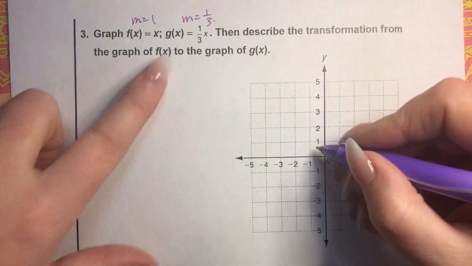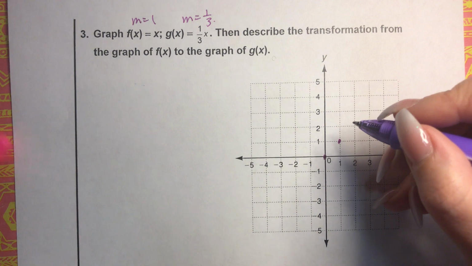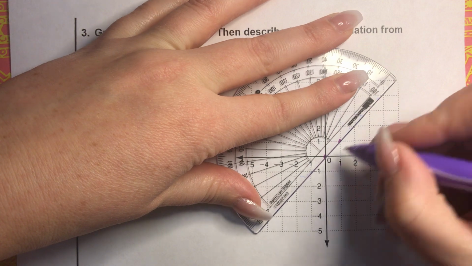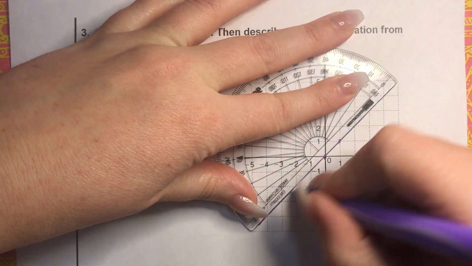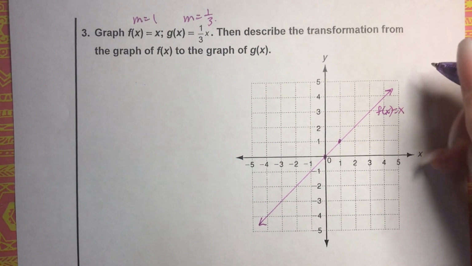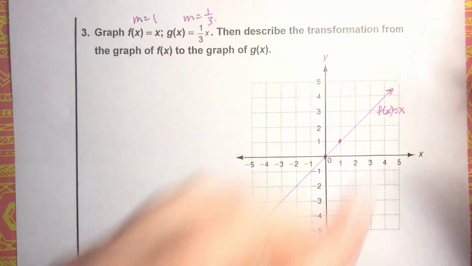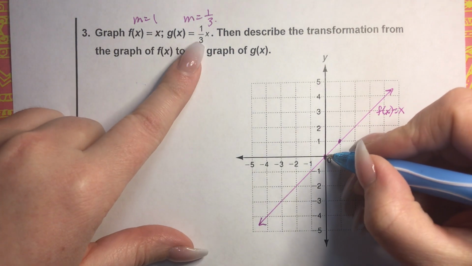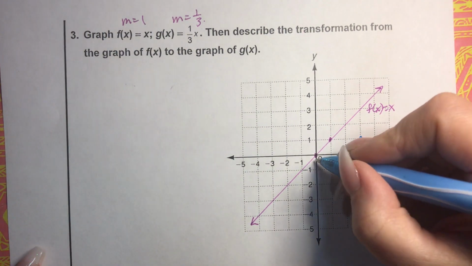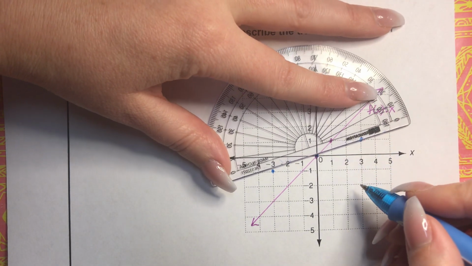So the parent function, the y-intercept is 0. The slope is up 1 over 1, right? So we can go ahead and graph that here. Okay, and that's my parent function, f of x equals x. And then for my g of x, the y-intercept is 0, except for this one, my slope is up 1 over 3. 1, 2, 3, so right here. And the opposite, down 1 over 3, 1, 2, 3, this way. Okay, and my y-intercept is obviously there.